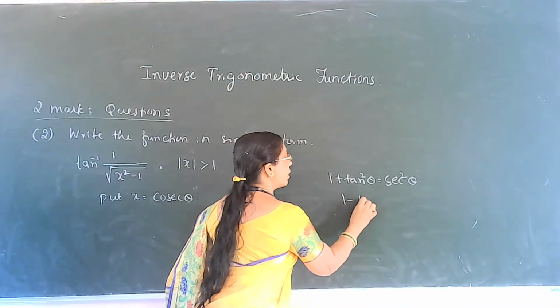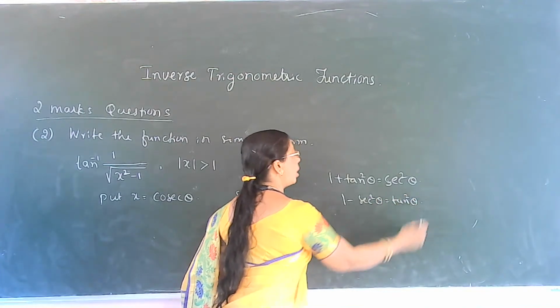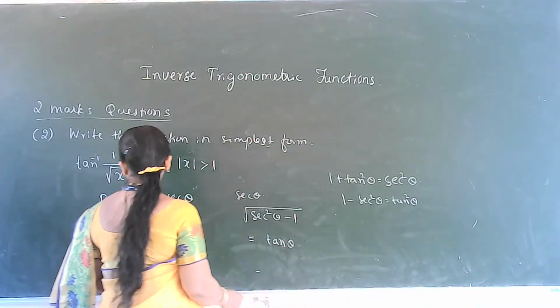Therefore sec square theta minus 1 is equal to tan square theta. You already know, but here tan theta is the answer.